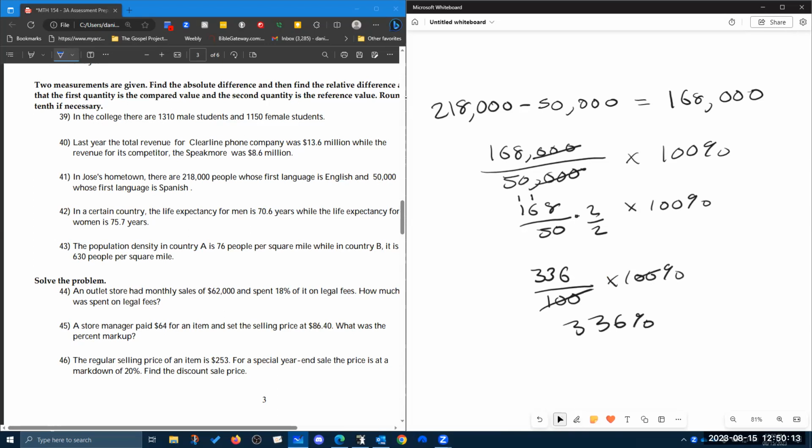More people speak English than Spanish in that town. So I had an absolute difference of 168,000 people, and that's a relative or percent difference of 336%.